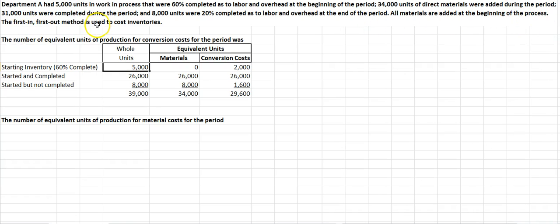And the first in, first out method is used to cost inventories, meaning that these would be the first ones to be completed, okay? So the question is, the number of equivalent units of production for conversion costs for the period was, so we need to calculate that, and the number of equivalent units of production for materials costs, okay?